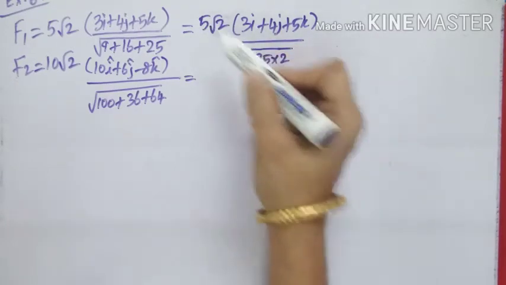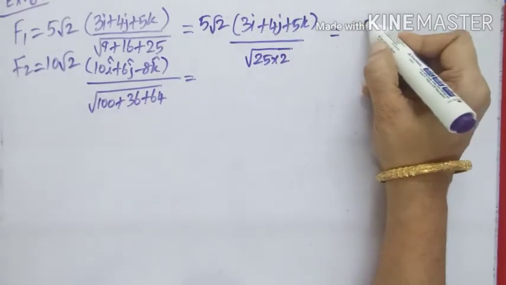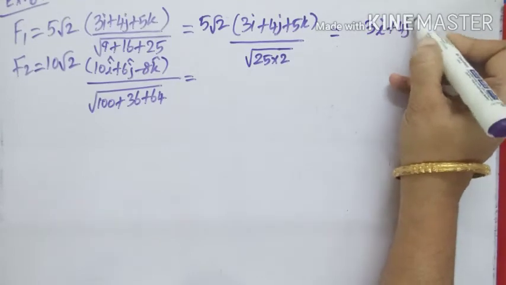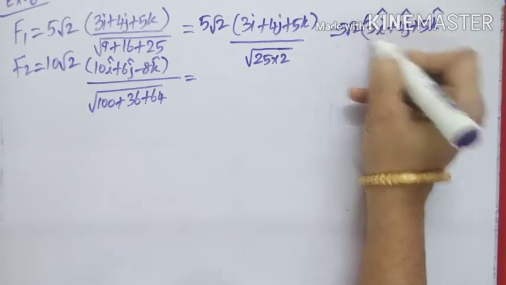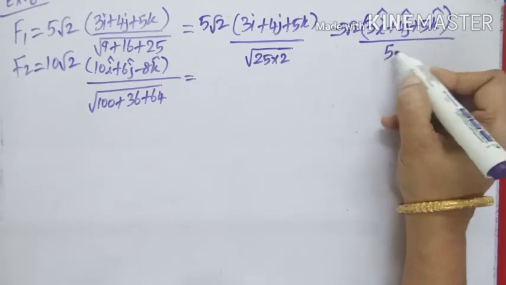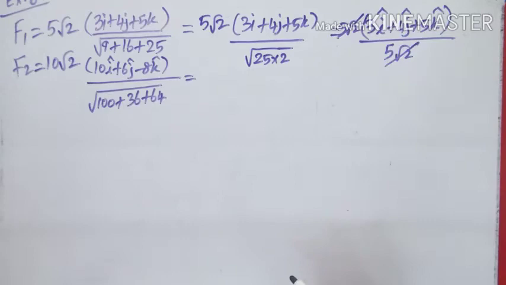So that gets cancelled. I am just left with 3i plus 4j plus 5k. The denominator is also 5 root 2, which gets cancelled.